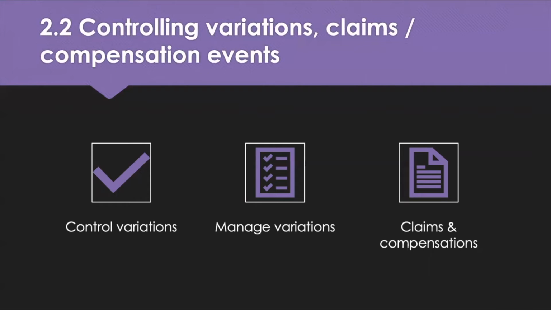So how do we manage variations? There are many potential effects of variations which can be minimised or avoided with careful planning and management. You can do it before the project begins, so avoiding disputes over variations. You could have a variation clause which specifies the procedures for the generation and assessment of any variation orders.